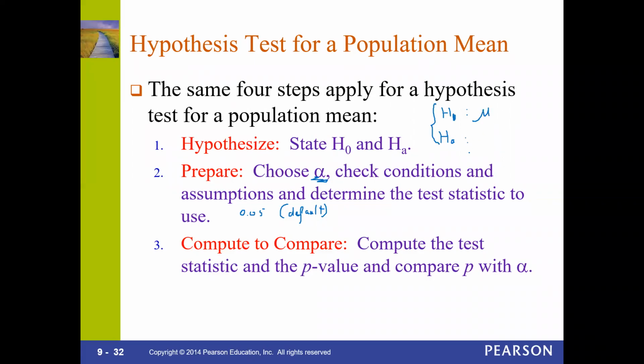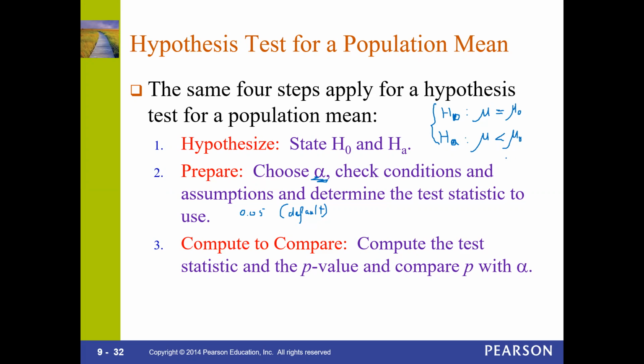I can say, for example, mu is equal to mu sub 0. That's H0 right here. That's HA: mu is less than mu sub 0. That's one case, because you've got three cases, right?